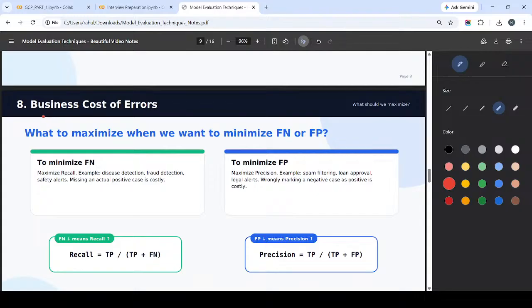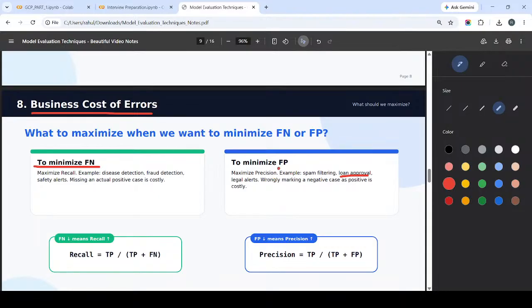Then comes the business cost of errors. When to minimize false negative, we maximize recall. Examples are disease detection, fraud detection, safety alerts. In those cases, we want to minimize false negative. To minimize false positive, like in spam filtering or loan approval, we don't want to give a loan to any person who is not able to give back the amount.